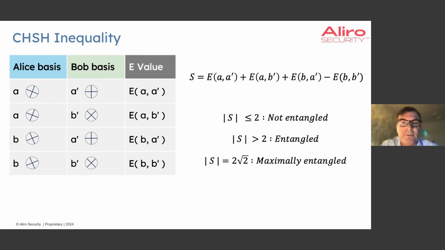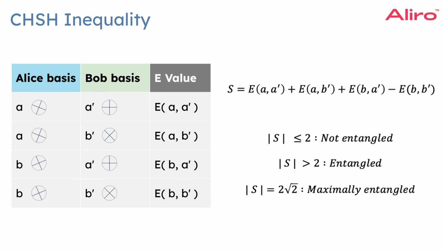Given that Alice and Bob randomly choose between 2 different measurement bases, we end up with 4 possible combinations, which are shown here. And then we can compute this E value that I introduced 2 slides ago separately for each combination of the bases. And then finally, we can plug those different 4 values for E in the formula for S shown on the right.